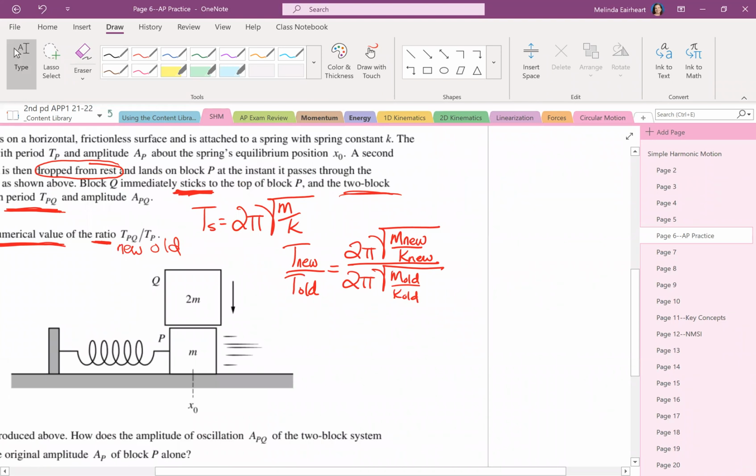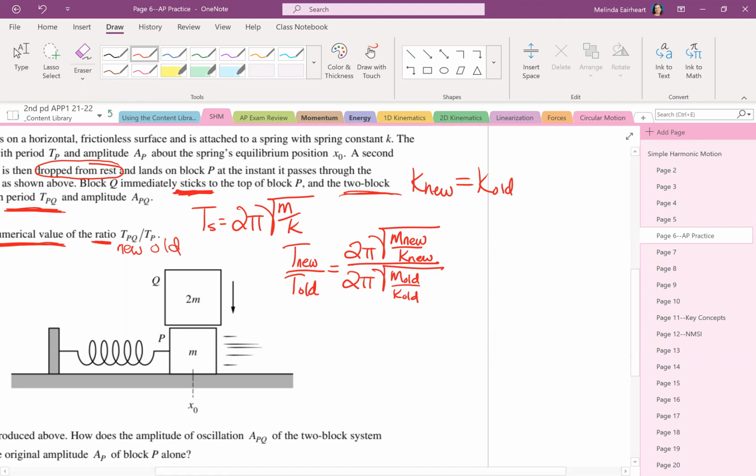Now I'm using those subscripts just as an alternative. I could have done the P, Q, and P, which I will. Good question. Did they change the spring? No. So what's true about k new and k old? They're equal, right?